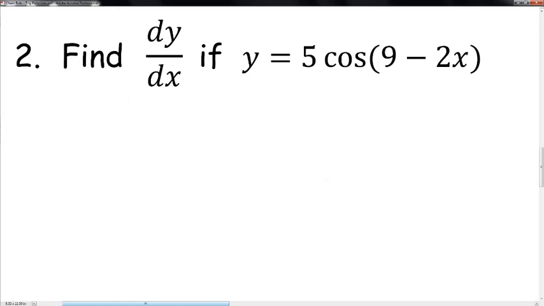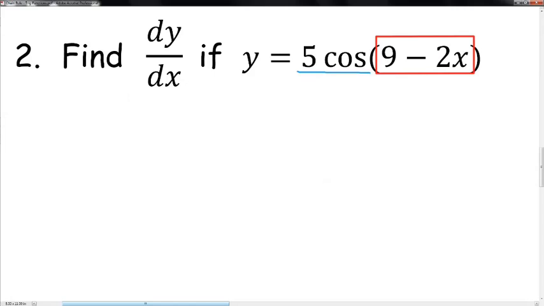Alright, number two, find the derivative if y is equal to 5 cosine of 9 minus 2x. Again, 5 cosine is my shell, and 9 minus 2x is my chocolate. And so let's go ahead and take our derivative.